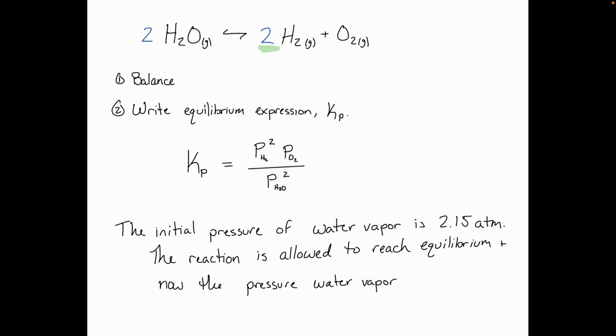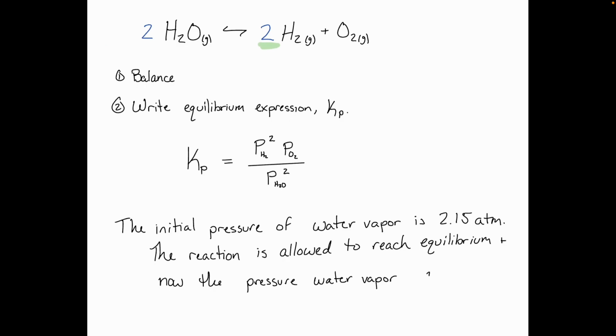Is it going to go up or go down? If I have this initial amount of water and then all of a sudden some of this reaction occurs where it gets converted into hydrogen gas and oxygen gas, does the amount of water go up or down? Down, right? It's reacting and forming those two products. So now at equilibrium, the pressure of my water vapor is 0.75 atm.